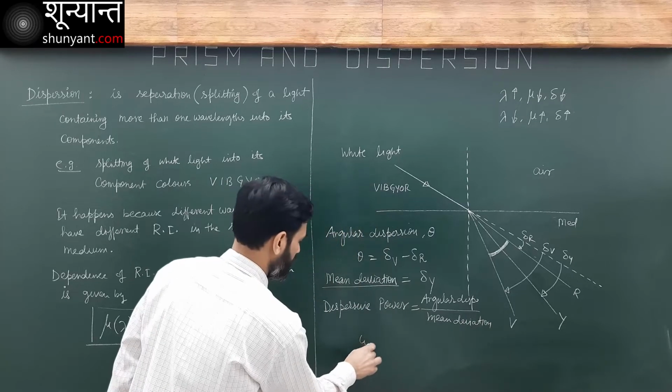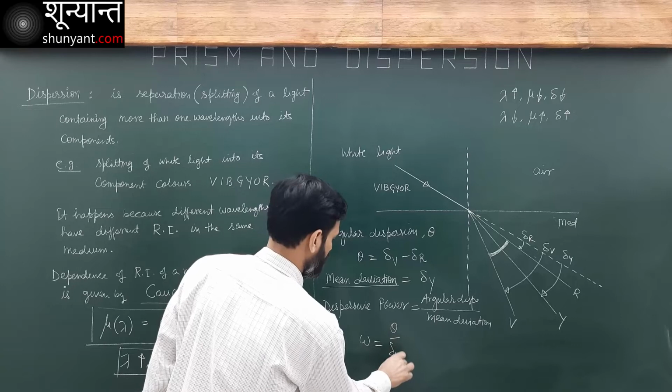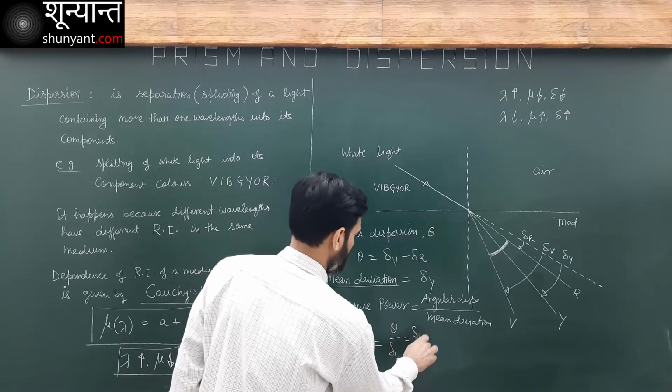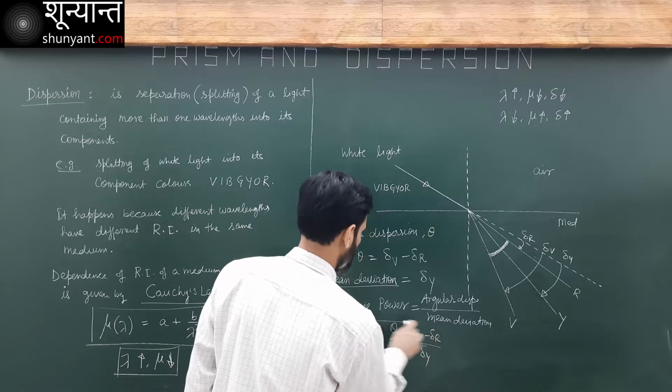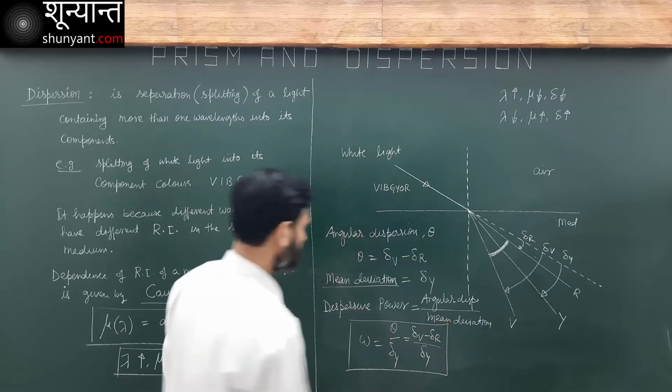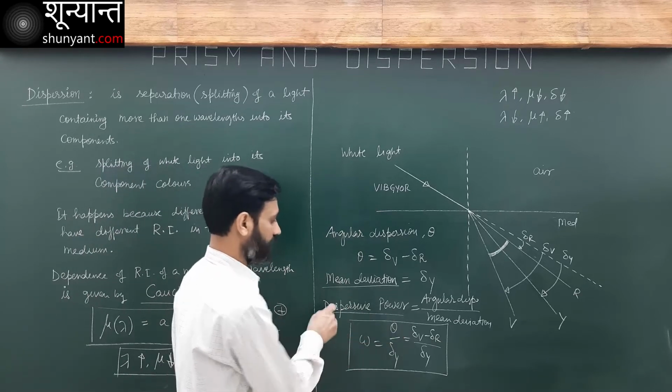Omega is equal to theta over delta Y, which is equal to delta V minus delta R over delta Y. This is known as dispersive power.